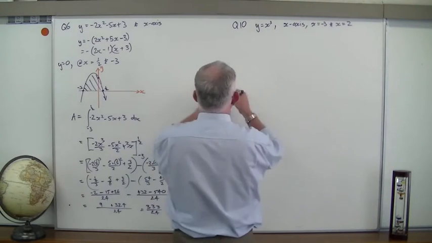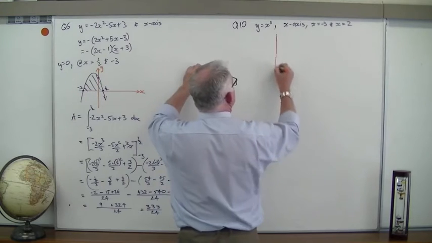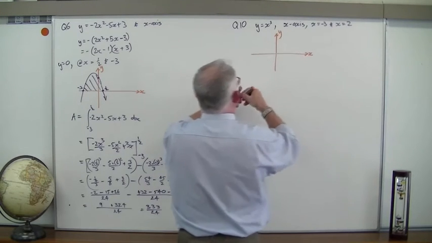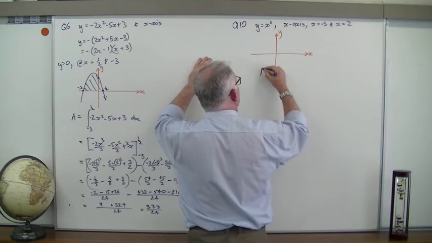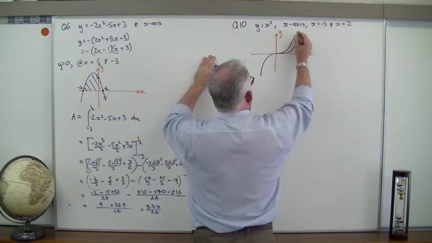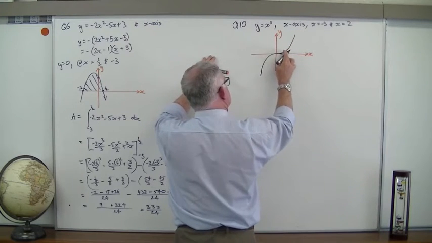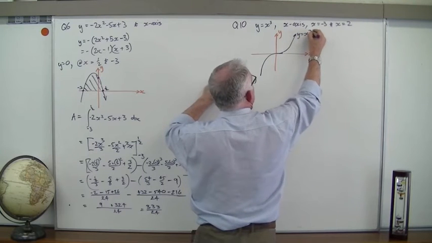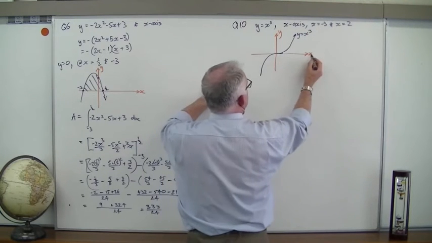So let's integrate that. Oh no, let's sketch it first. That's always the first thing to do. Sketch it. X, Y, doesn't need to be a Picasso. I know, and you ought to know by now, that a cubic looks something more like that. There's our y equals x cubed. Here's the x-axis.